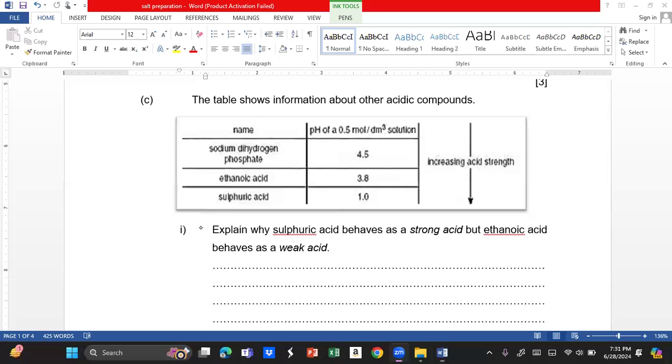Now, what is the answer for this question? Explain why sulfuric acid behaves as a strong acid, while ethanoic acid behaves as a weak acid.